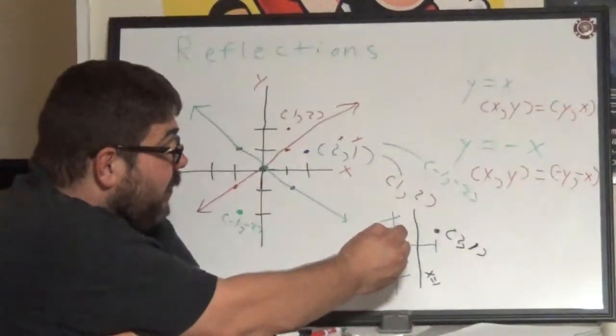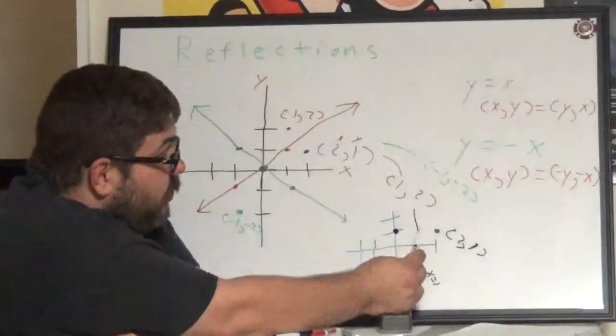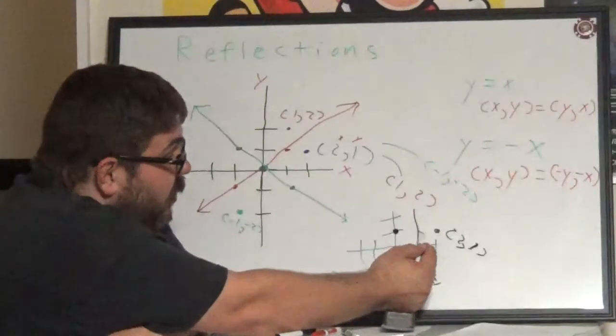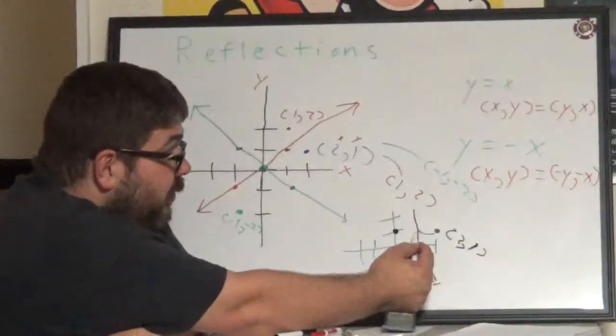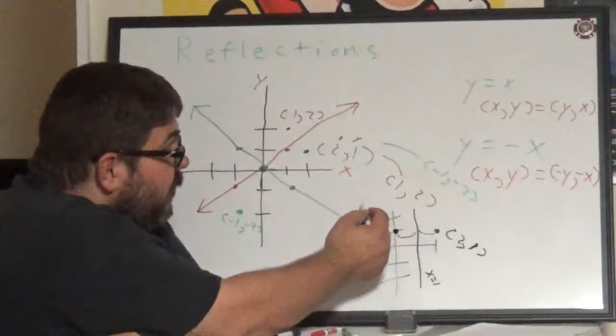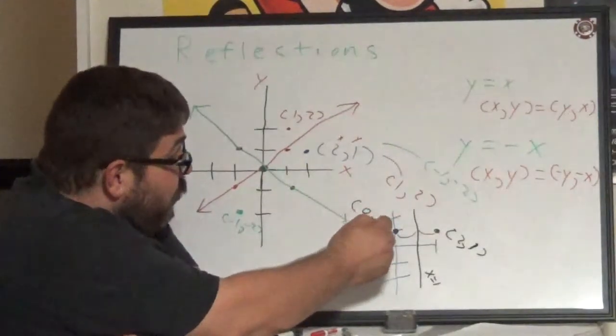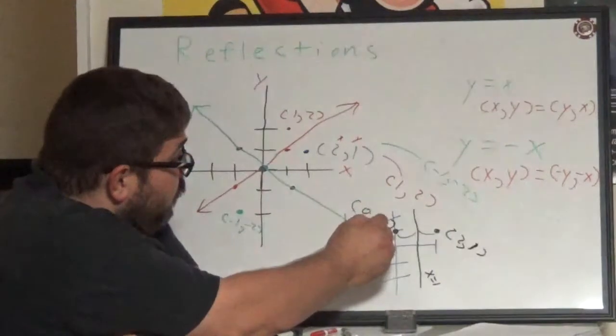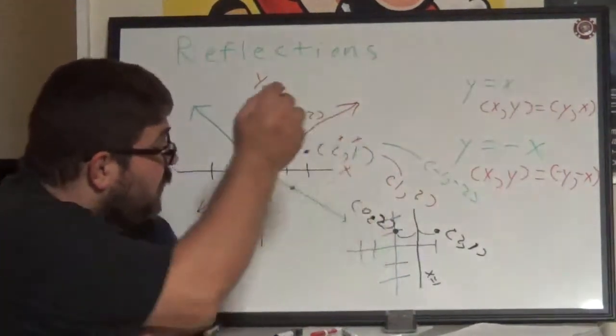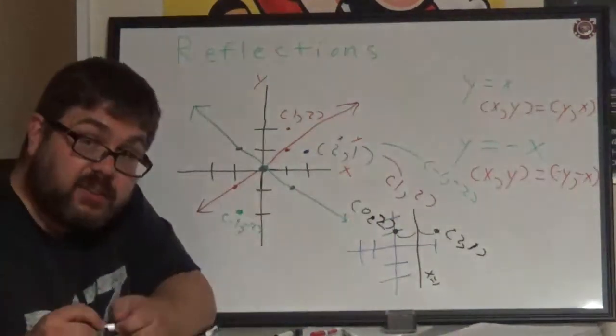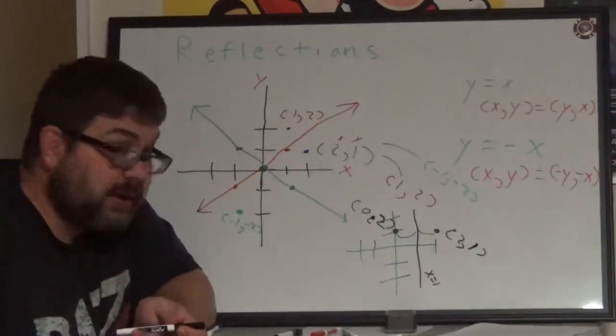That's how we reflect. So we went from going over 1 to the right to now going over 1 to the left. I just look at where it is on the coordinate plane. We have 0, 2. And that is our reflected point.